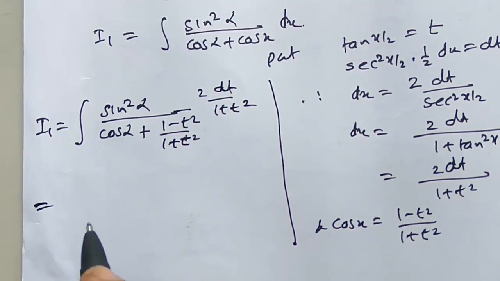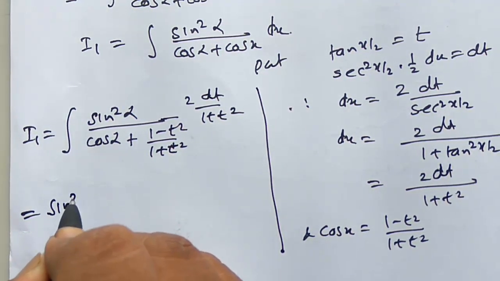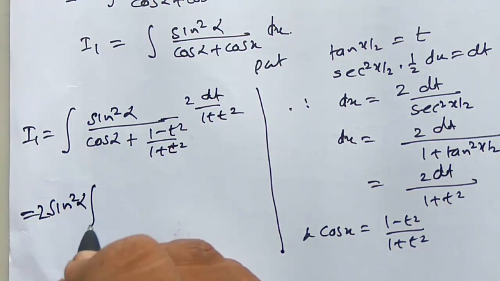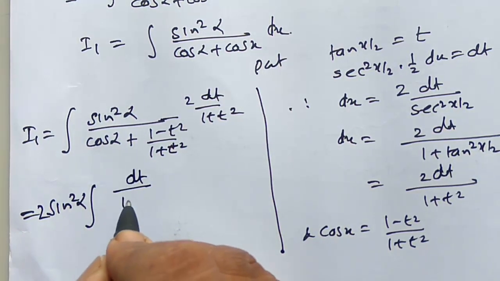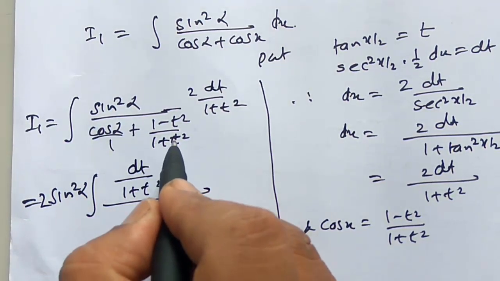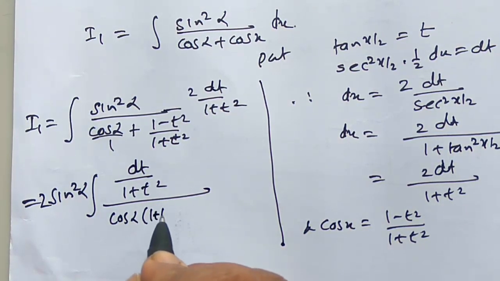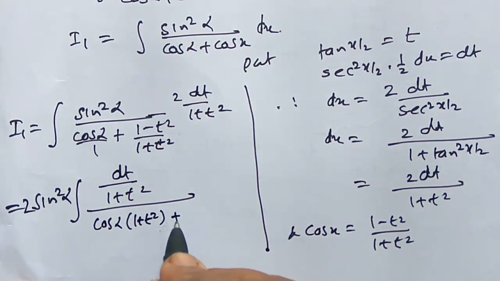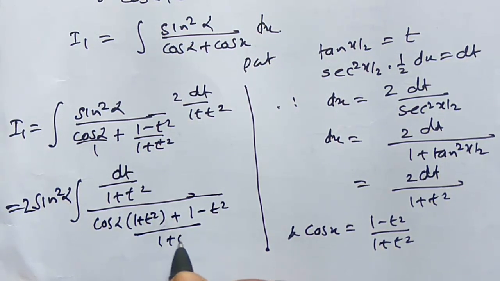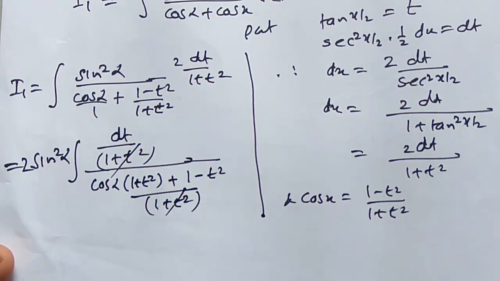So this is equal to, sin square alpha is constant, 2 is also constant, so 2 times sin square alpha dt upon 1 plus t square, upon, here the LCM is 1 plus t square, so cos alpha (1 plus t square) plus 1 minus t square divided by 1 plus t square. So 1 plus t square gets cancelled.